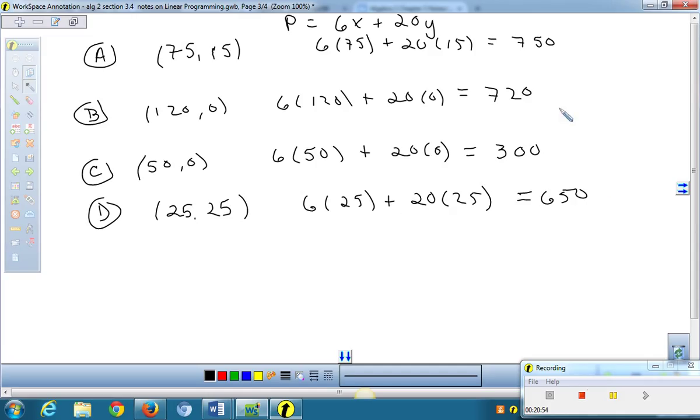Alright, these are the values that I get. So, at what corner or vertex do we get a maximum profit? 75, 15.